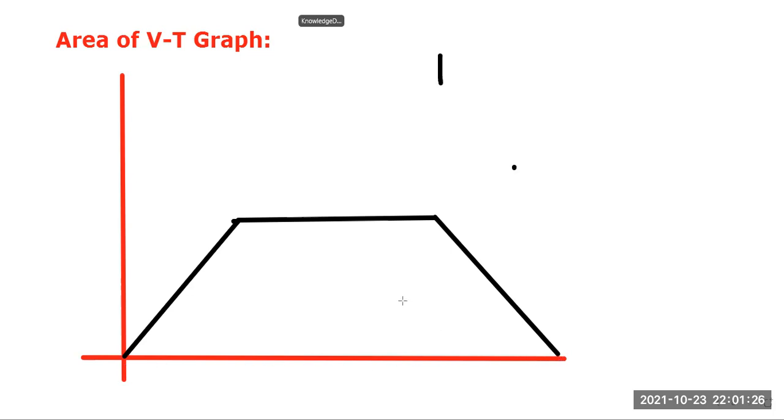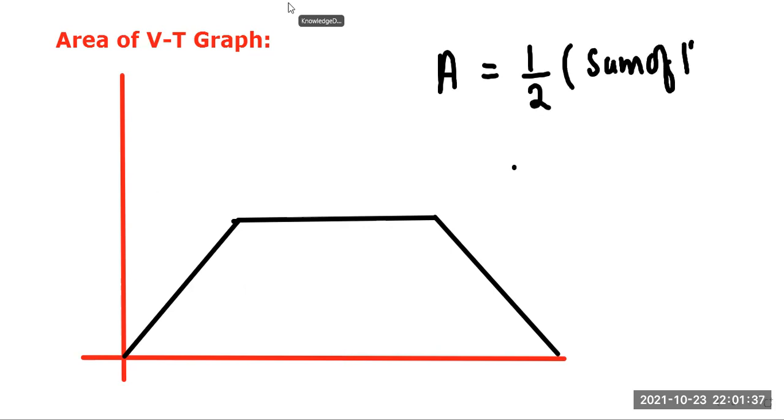So area of trapezium is 1 by 2 sum of parallel sides into height.